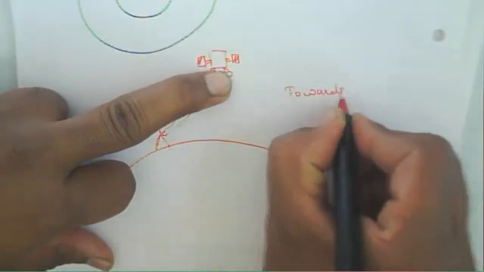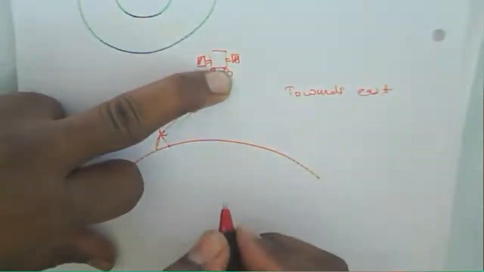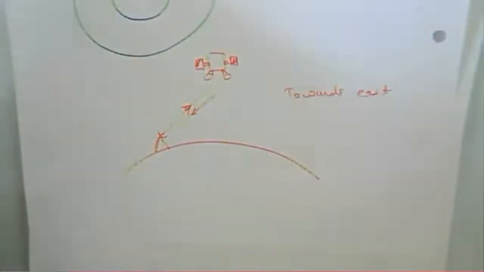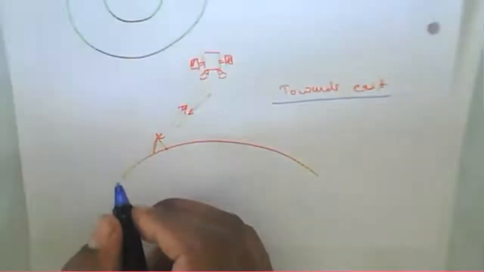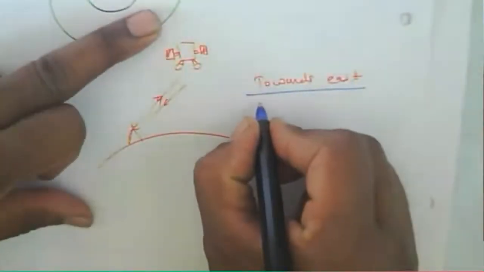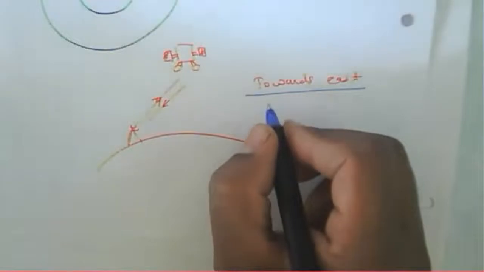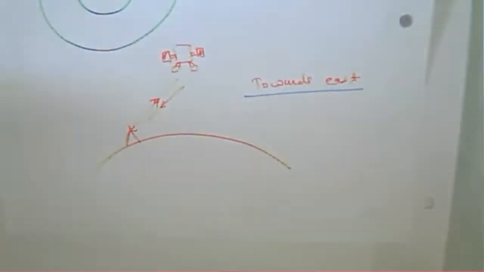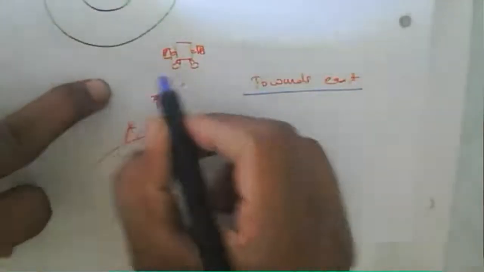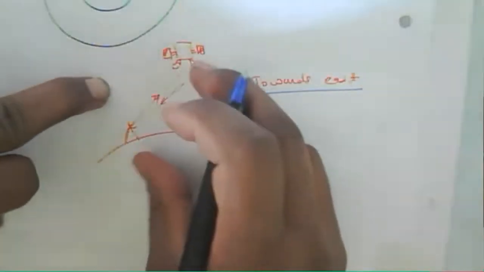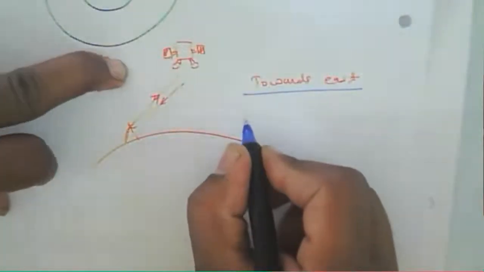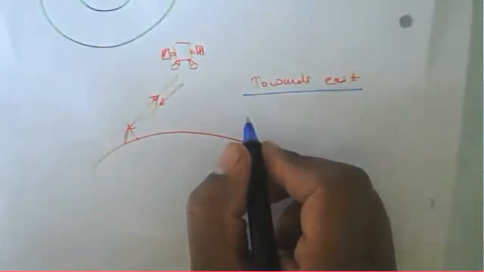Whenever the Earth is rotating, it is rotating from west to east, towards the east. That is the rotation of Earth. In the same way, the satellite is rotating toward the east along with the Earth. It means they are synchronized, their speed is synchronized.